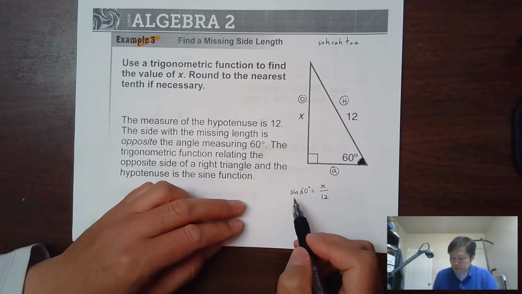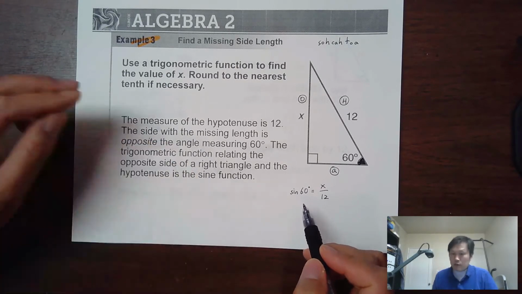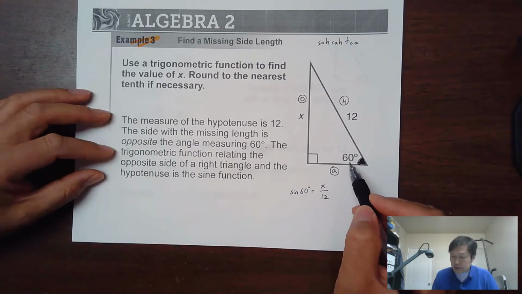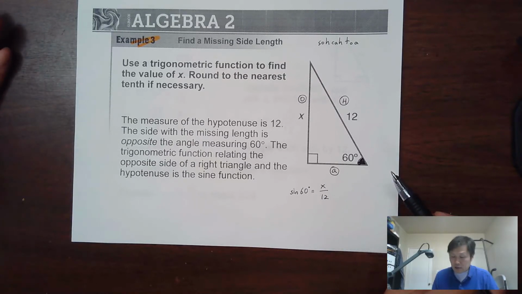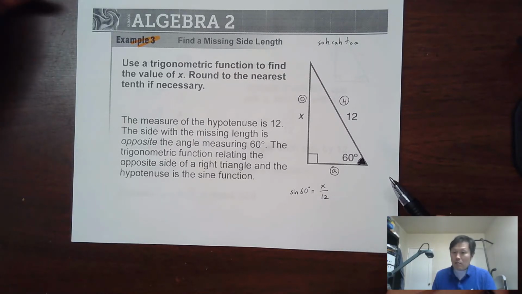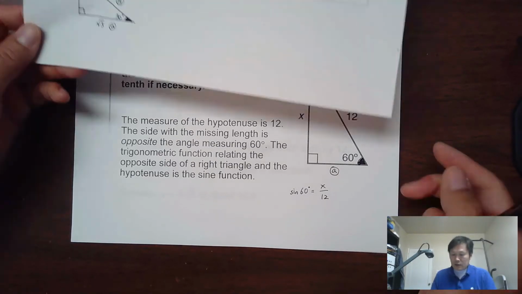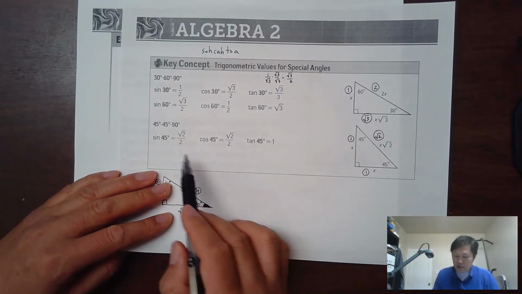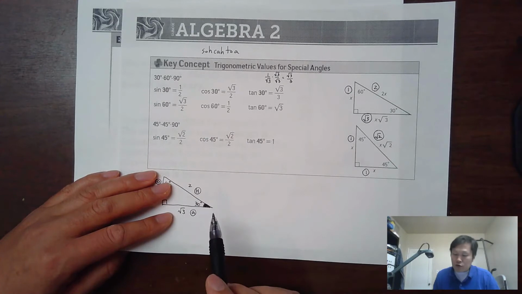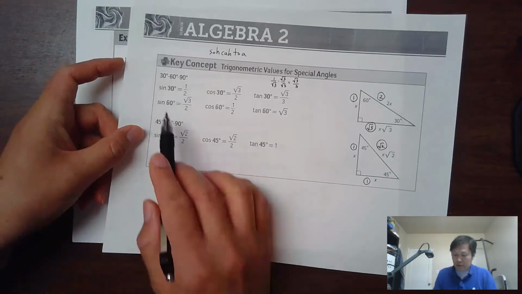One thing you have to be careful about: if 60, 30, or 45 degrees is your angle in a right triangle, in many cases we will ask you to find the exact value, meaning no decimal. That's where the trigonometric values for special triangles kick in.